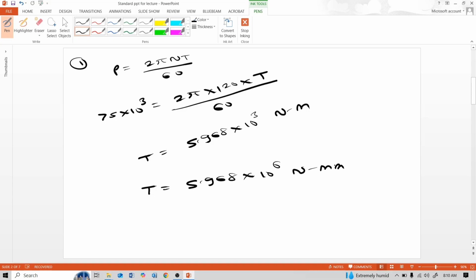Now the next step is diameter based on shear stress.